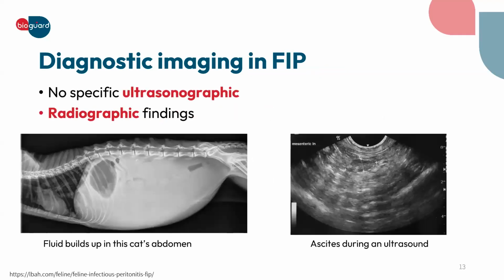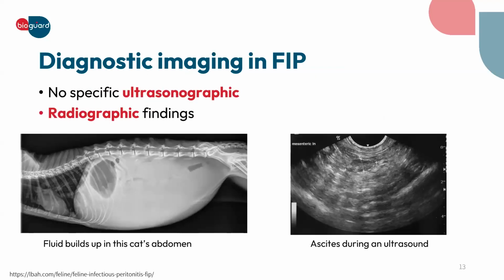If there is inflammation observed in the abdominal area, then of course imaging is another way to check whether there are FIP signs or not. Starting with ultrasonography or radiography can be done.